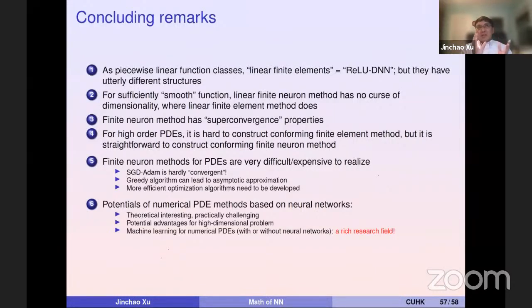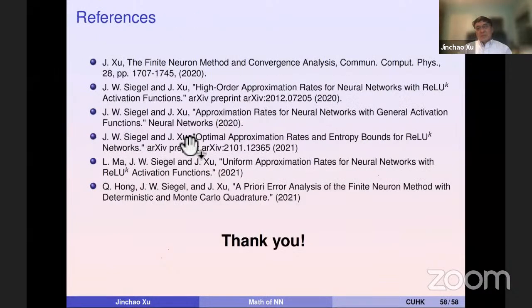Hopefully that provides some understanding of this extremely active research field. Hopefully this lecture has given you some ideas of what's going on with this type of problem, and I'm going to stop here.